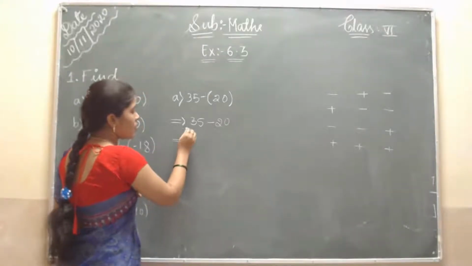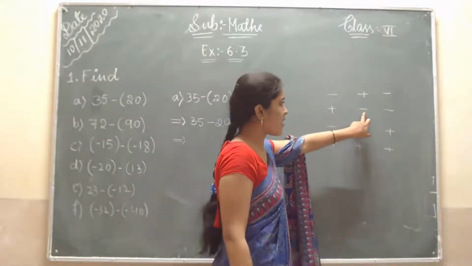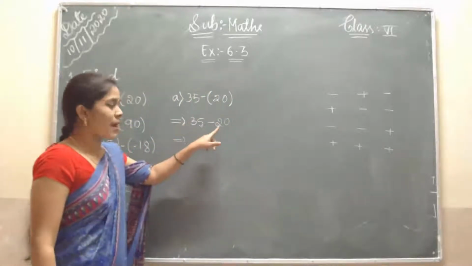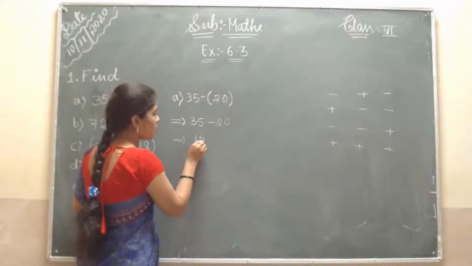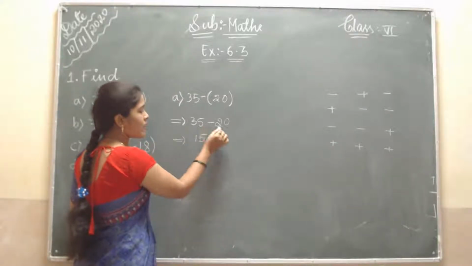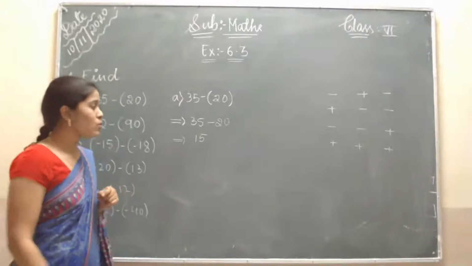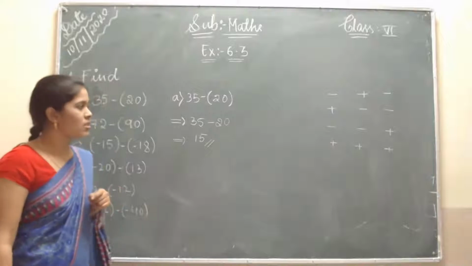Here one is positive and the other is negative, so we have to subtract. 35 minus 20 is 15. The greater number of these two integers is 35, so 35 is positive, and we take this 15 as a positive integer.